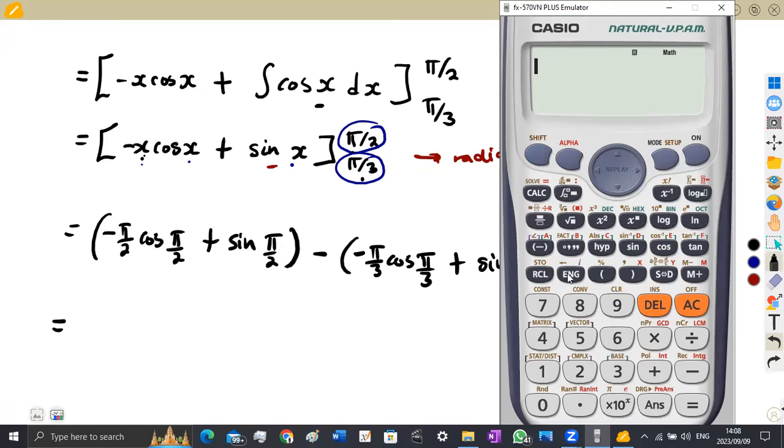So for the first part, just open a bracket, that's negative pi over 2 times the cosine of pi over 2. We close this bracket for the angle, but we still have to add the sine of pi over 2.